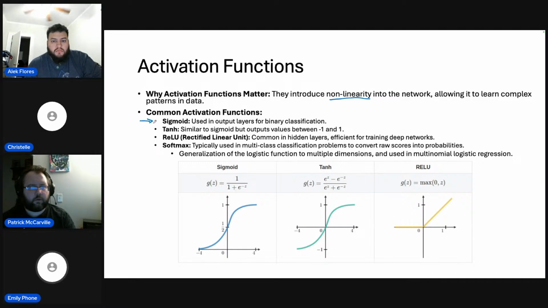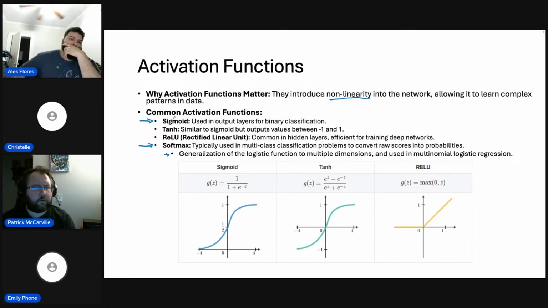The sigmoid is one that you're already familiar with for binary classification. I think you will also really appreciate the softmax function, which is used for multi-class classification. It's really just a generalization of the sigmoid function, which is pretty cool.